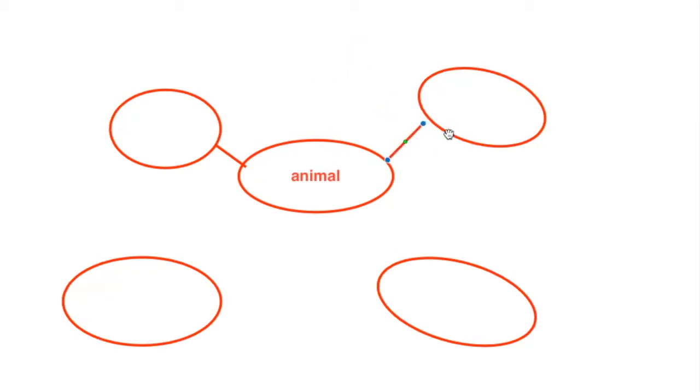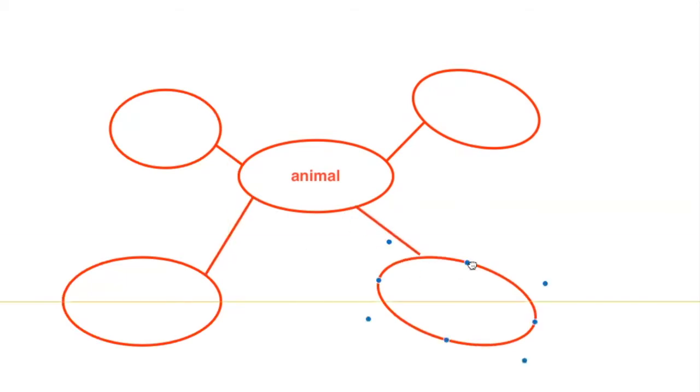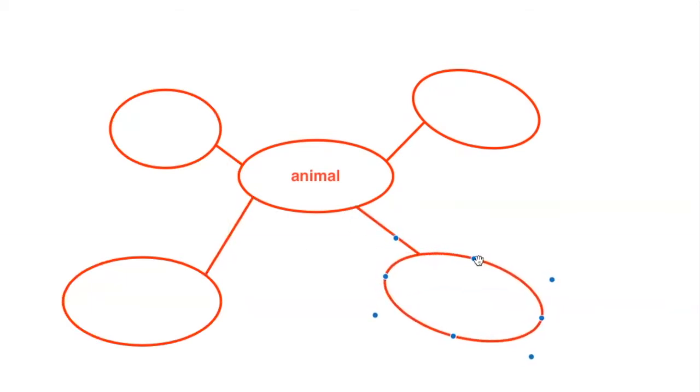So essentially I'm using the idea of an animal, but then I'm adding different things to it to help develop my idea even more. This is like if the animal would be a tree and these are all the branches coming off of it, okay? So I've got an animal.